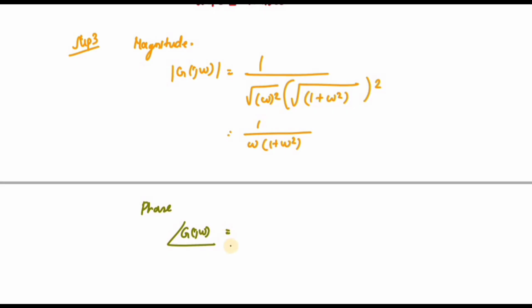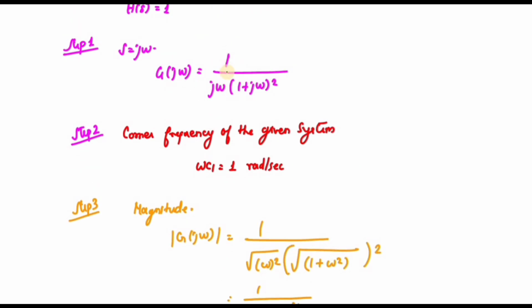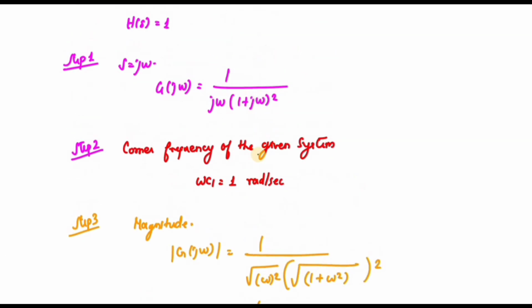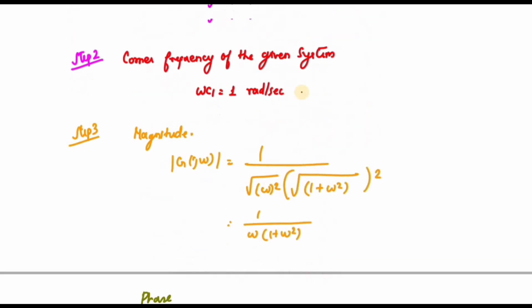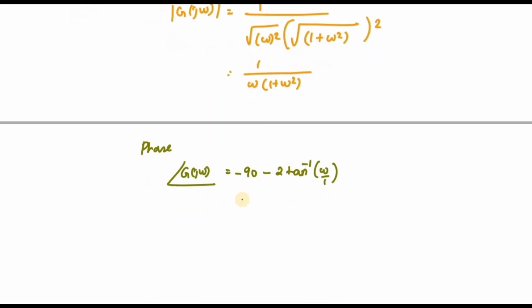Next is to find the phase. The phase of G(jω) is equal to minus 90 degrees, because 1/j represents minus 90 degrees, minus 2 times tan inverse of ω, since 1 plus jω is squared.